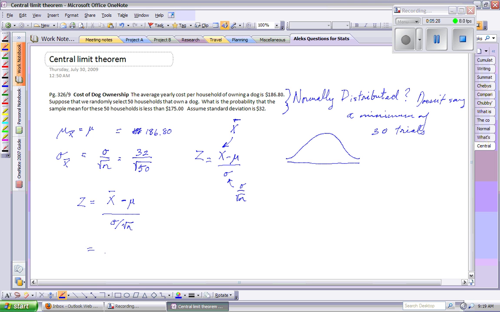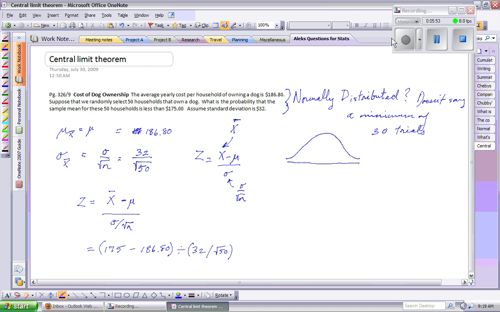Our value of interest is 175 minus 186.80. When you do this in a calculator, you'll want to put that in parentheses, and then divided by parentheses 32 divided by the square root of 50. So let me pause here for a moment.